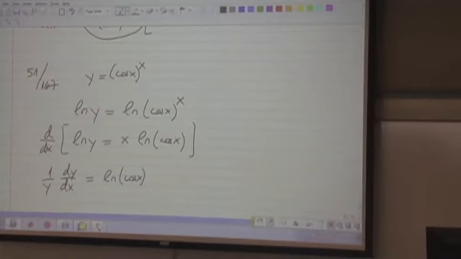Product rule. x times ln of cosine of x. So the derivative of x times ln plus the derivative of ln times x. So that'll be negative sine of x over cosine of x multiplied by x.